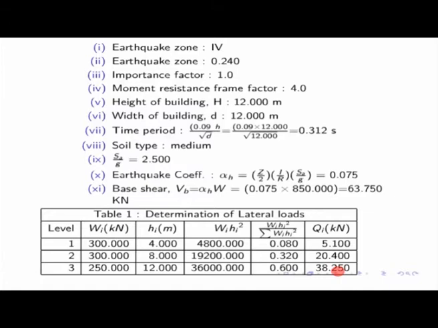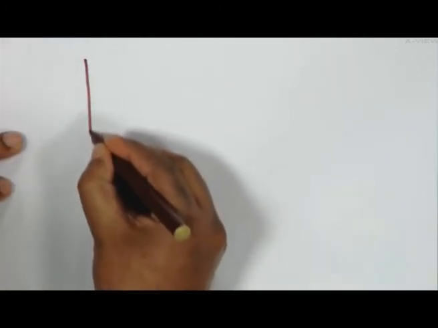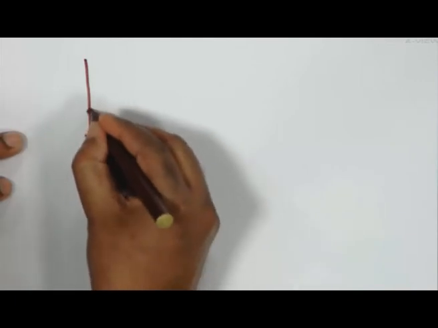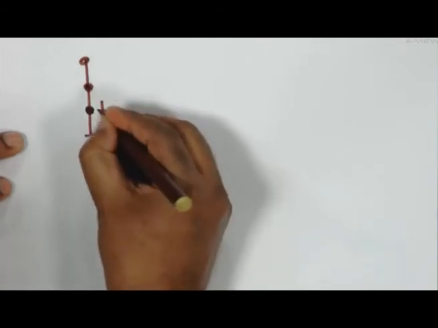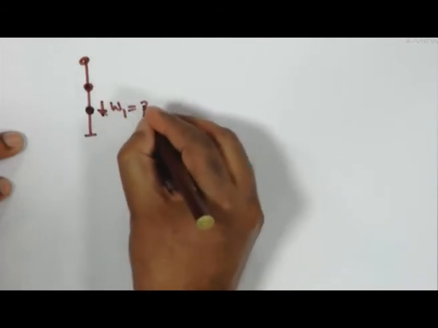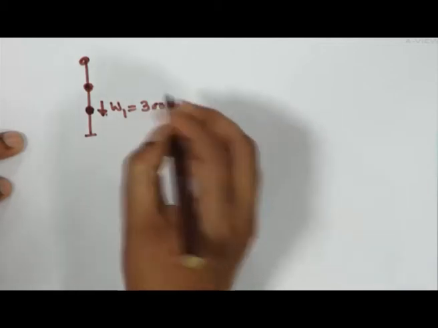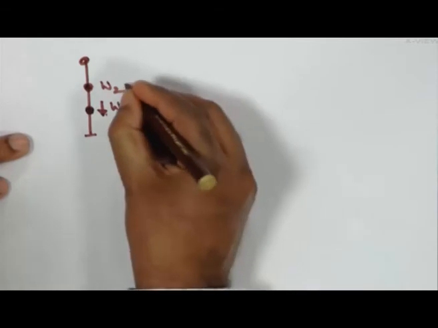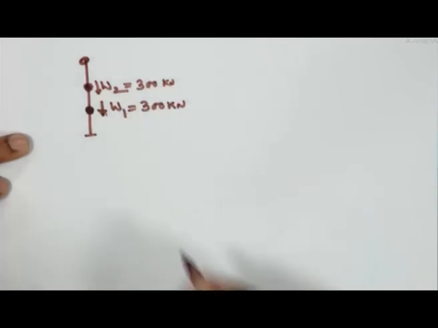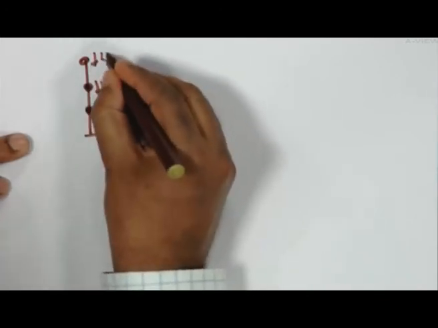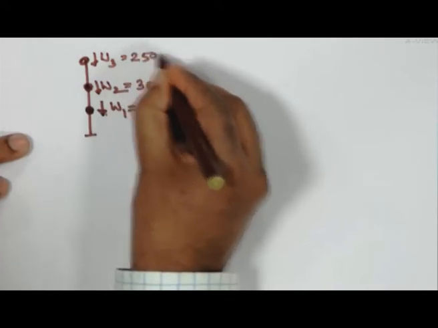So I would like to say here, what we have done basically. What we can do here, that means I am having this structure. This is vertically downward W1, 300 kilonewton, W2 again another 300 kilonewton, and W3, 250 kilonewton.